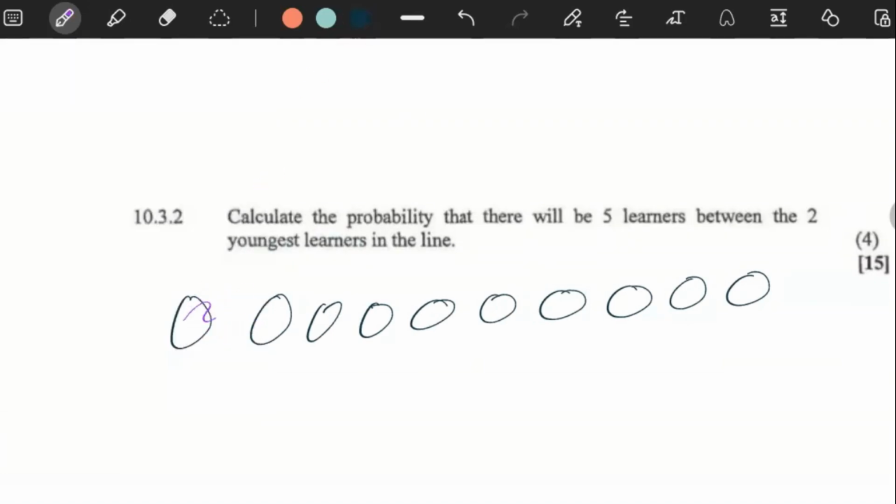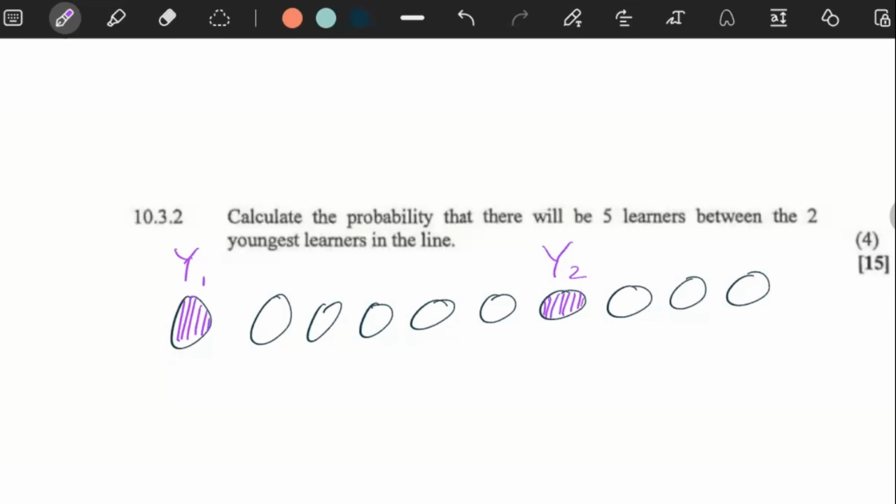Assume that this is one of the young learners, there has to be 1, 2, 3, 4, 5 people between them and this other young learner. So there are two youngest learners here, young number 1, young number 2. Let's put y1, y2. And then there has to be 5 people between them. These can be 5 random people.